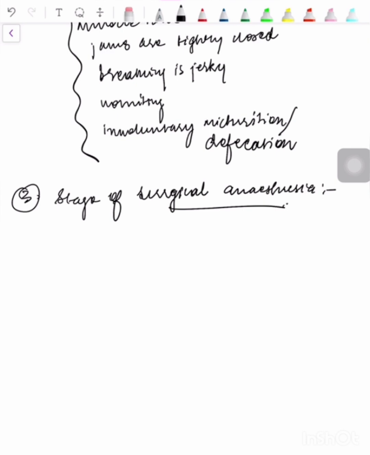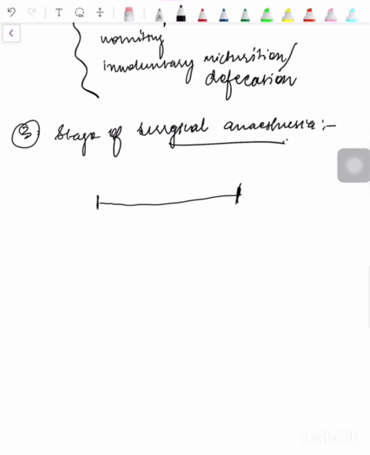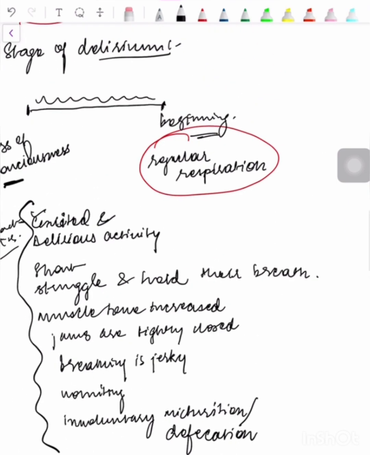And what is the duration of this phase? Like, how does it begin? It begins with the onset of regular respiration. Do you remember in the previous phase, that was the stage of delirium, the end stage was what? Beginning of regular respiration.